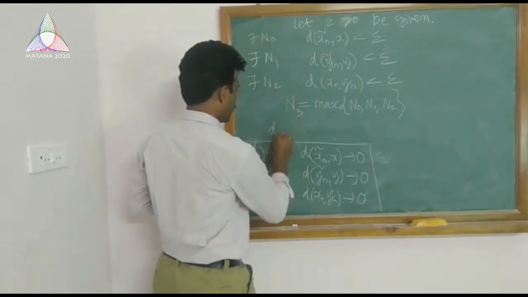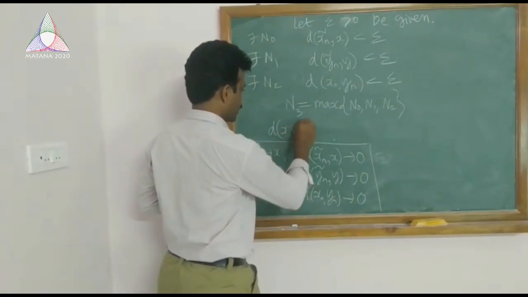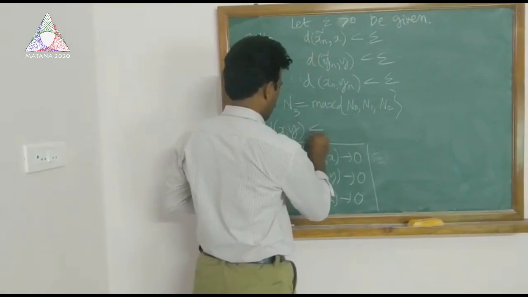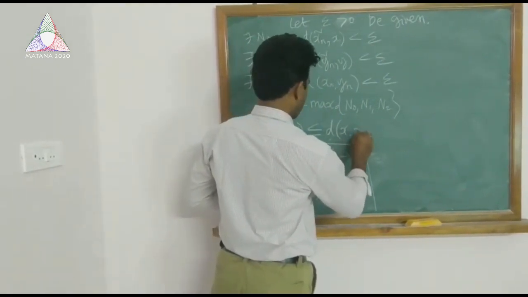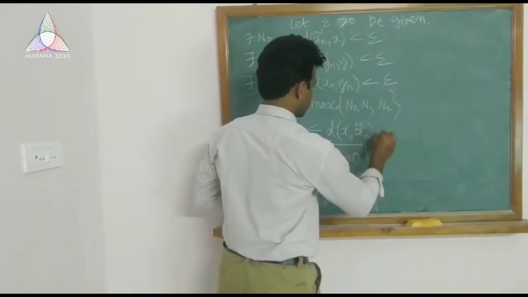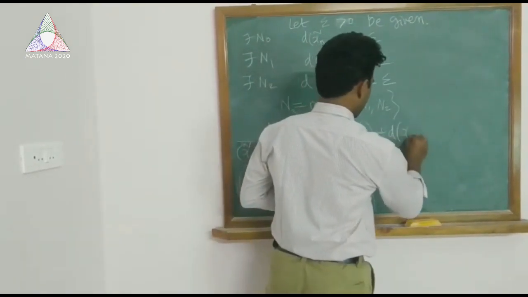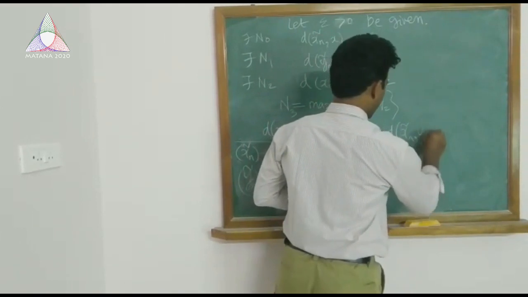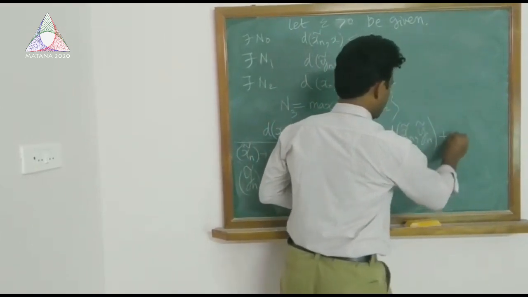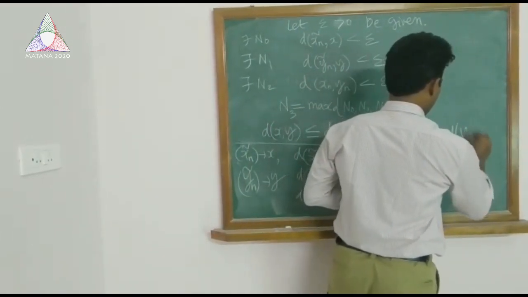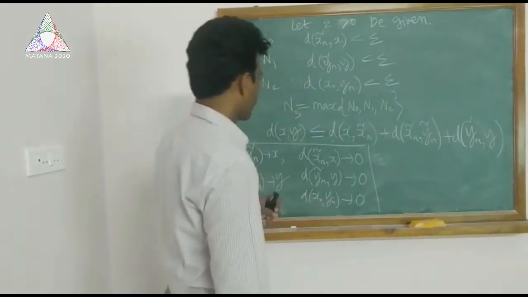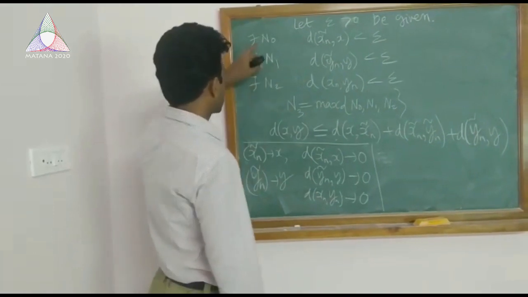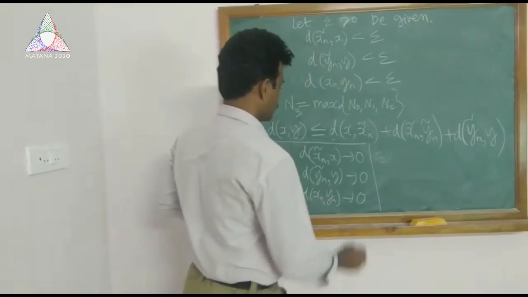Now I calculate d of x comma y. By using the triangle inequality, we have d of x comma xn tilde plus d of xn tilde, yn tilde plus d of yn tilde, y. From this stage onward, each is less than epsilon.